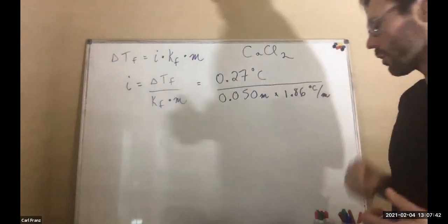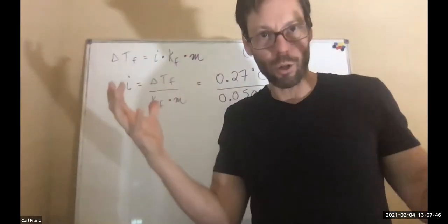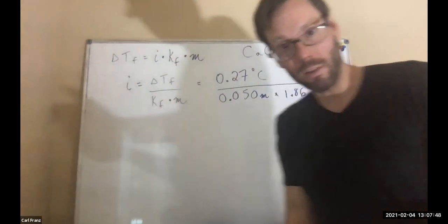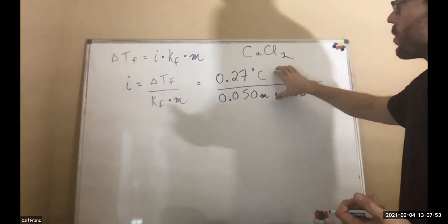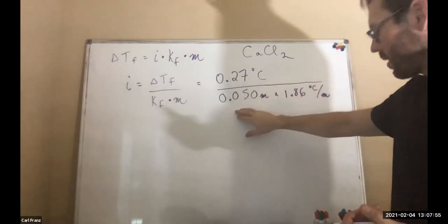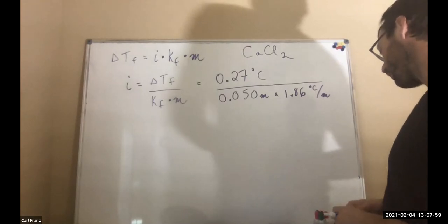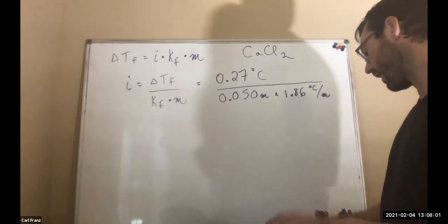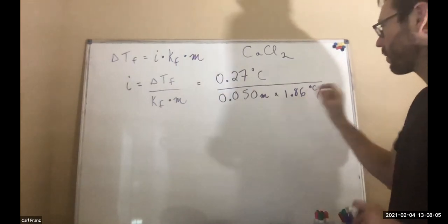And the temperature, they said it was negative 0.27. So that change overall is going to be 0.27 as our delta TF. So 0.27 divided by 0.050 as the molality value that they gave us, times the KF.